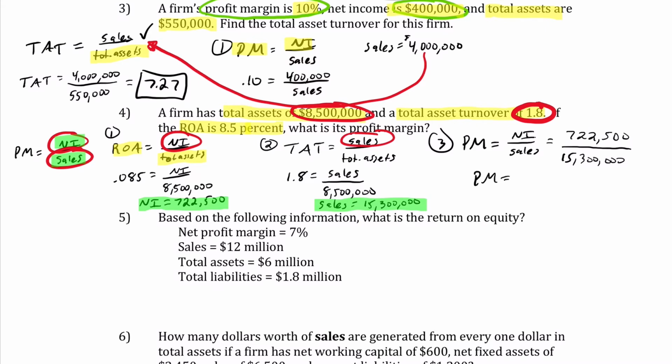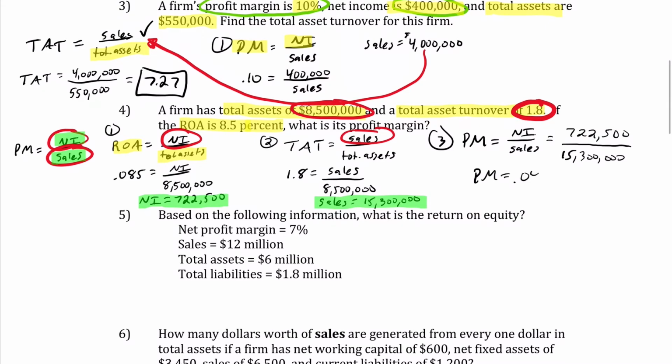The profit margin here is 0.0472, most frequently listed as a percentage, so 4.72%. So of every dollar this company sells, they have 4.72% remaining in the form of net income after all expenses have been deducted.